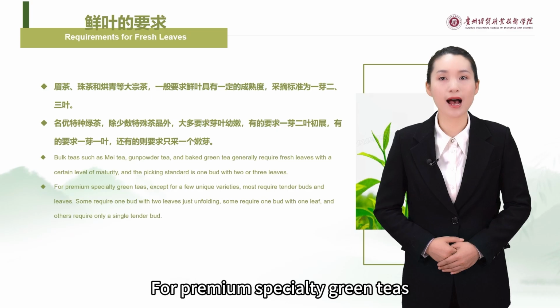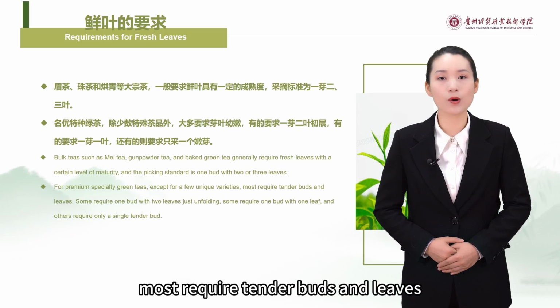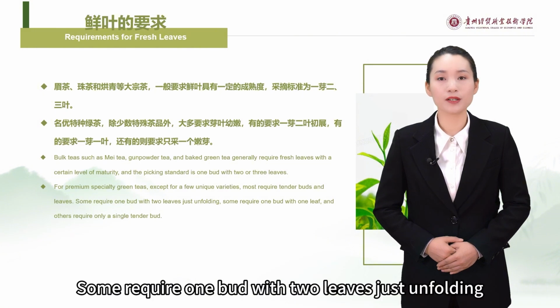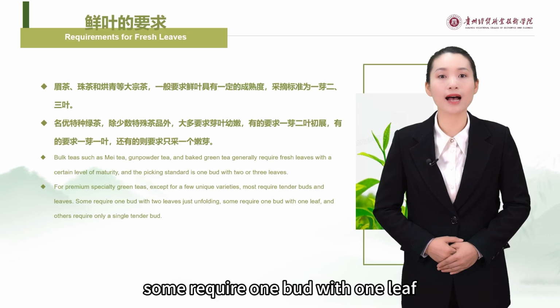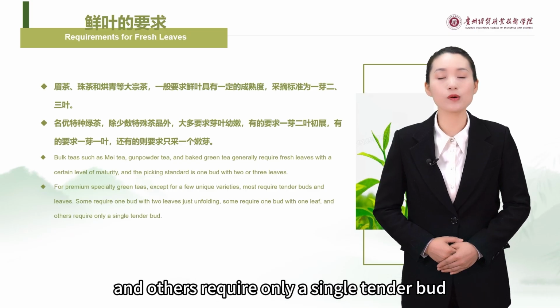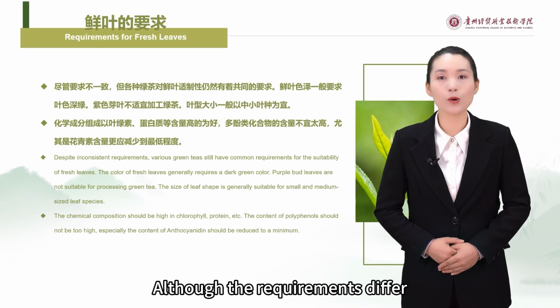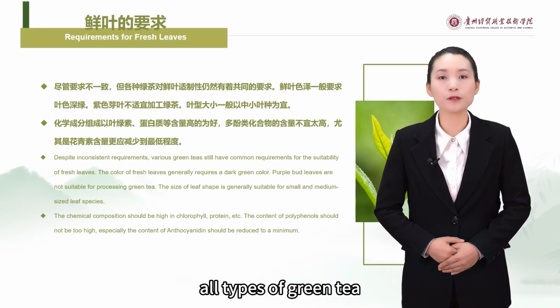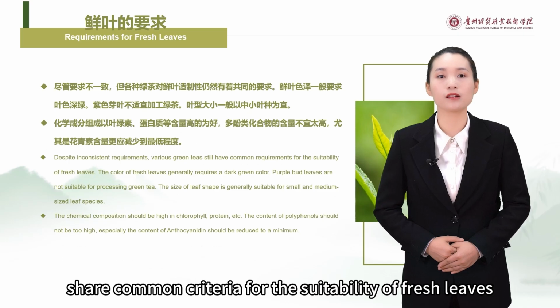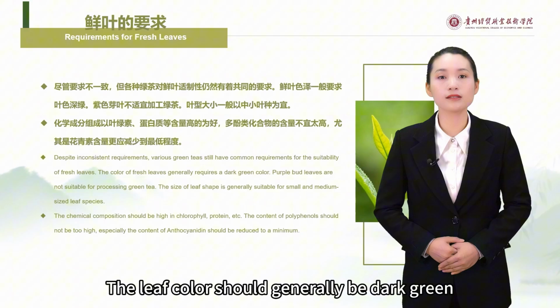For premium specialty green teas, except for a few unique varieties, most require tender buds and leaves. Some require 1 bud with 2 leaves just unfolding. Some require 1 bud with 1 leaf, and others require only a single tender bud. Although the requirements differ, all types of green tea share common criteria for the suitability of fresh leaves. The leaf color should generally be dark green.